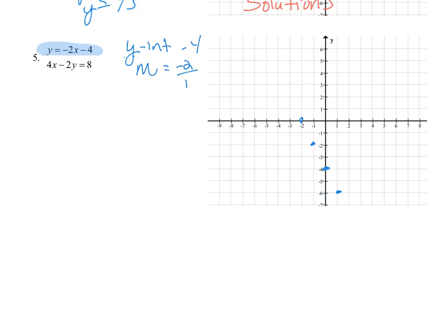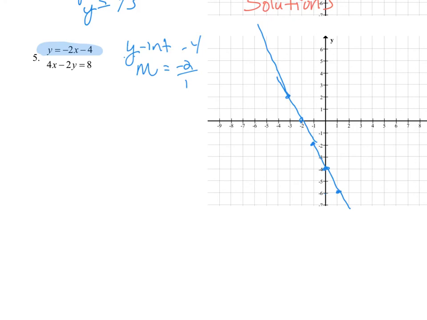Okay. So that's one equation. So we're going to draw our line like that. And now we're going to do our XY chart, because we're going to do intercepts.